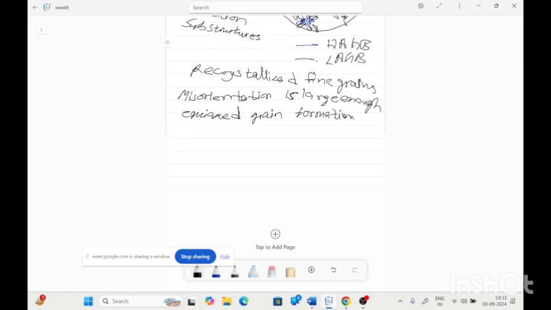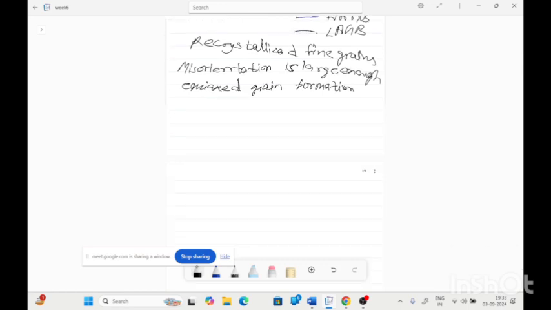So equiaxed grain formation can also occur in the severe plastic deformation process, SPD.